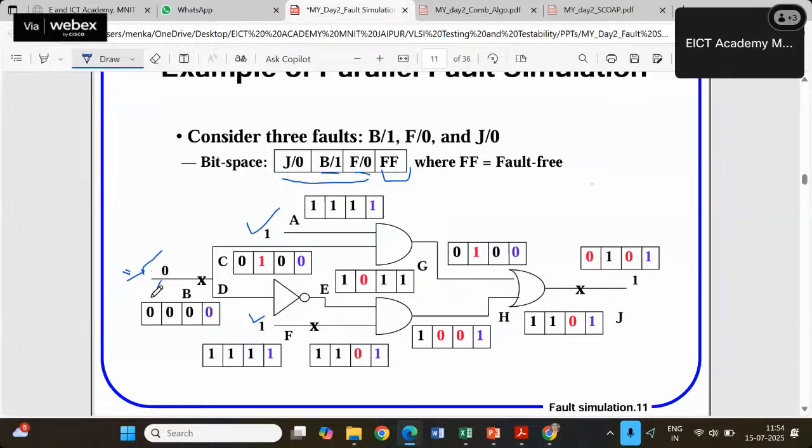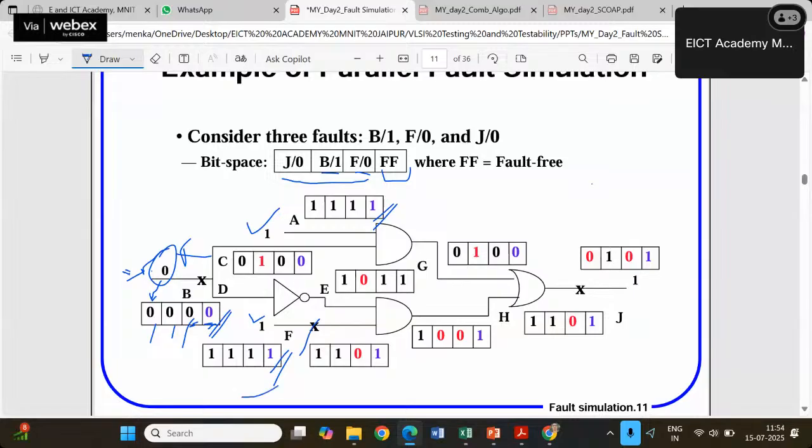Since it is B0 and input we are trying to figure out, this blue color is the fault free value. Means there was no fault existing anywhere. So this 0 will remain 0 if no fault was there, 1 will remain 1 and this 1 will remain 1. Now if B stuck at 0 fault was there, B stuck at 1 fault was there, or F stuck at 0 fault was there, it really doesn't matter because it is the input. These faults are not going back and telling you, okay, you are 0, please become 1.